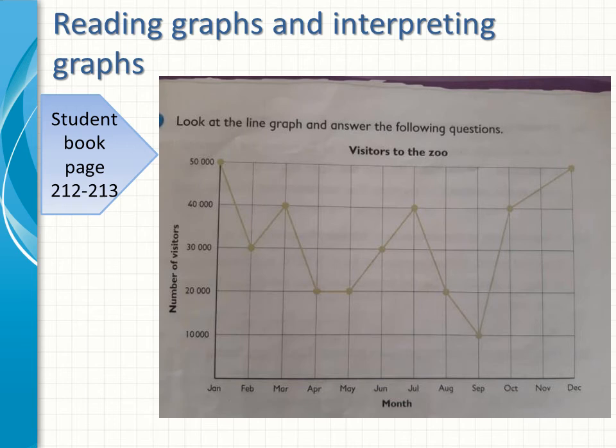It means in September we had 10,000 visitors, but by October we had 30,000 visitors more. So it helps you to see that there was a sharp difference here between September and October. The difference between the connecting lines is quite high, right? Now you can look at the rest, but let's see the last question.